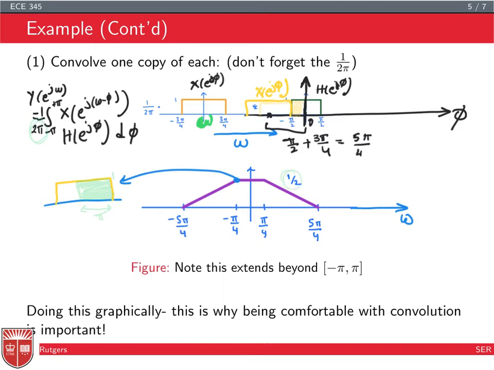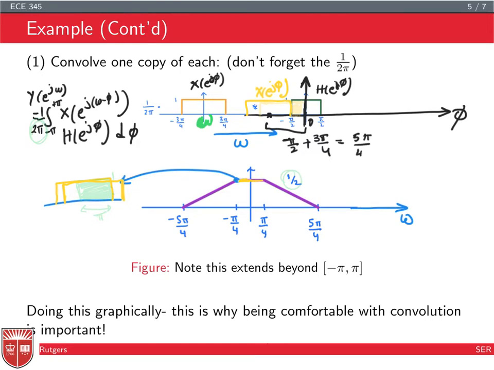Now, what will happen next is that you keep moving the yellow thing. As you keep moving it, the green thing is still going to be inside the yellow thing, and this is why you have the constant part here.